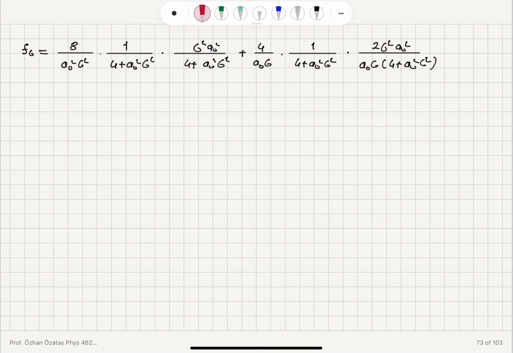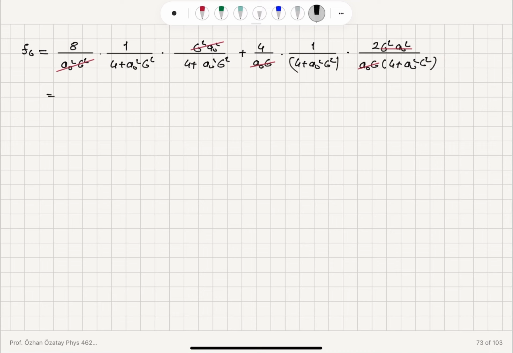So this a0 square g square will cancel with this one, and then this a0g here will cancel together with this a0g, and we'll get rid of this g square a0 square, and I will be left with the first term, 8 over 4 plus A0 squared G squared squared, and then I have 4 times 2, another 8 divided by 4 plus A0 squared G squared squared.